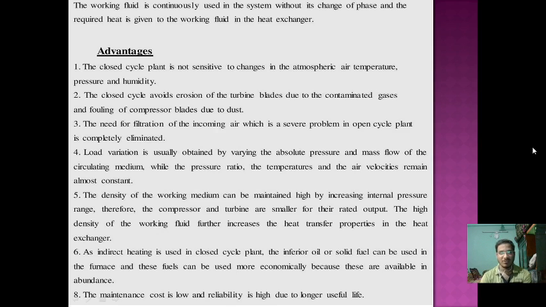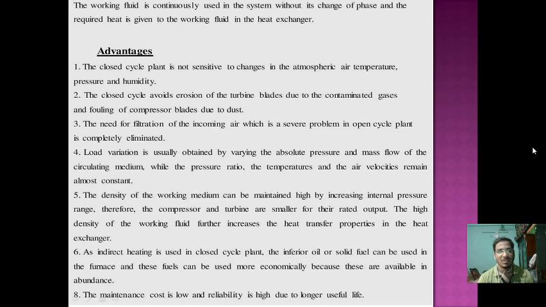The density of the working medium can be maintained. We can maintain the density of the working medium by increasing the internal pressure range.